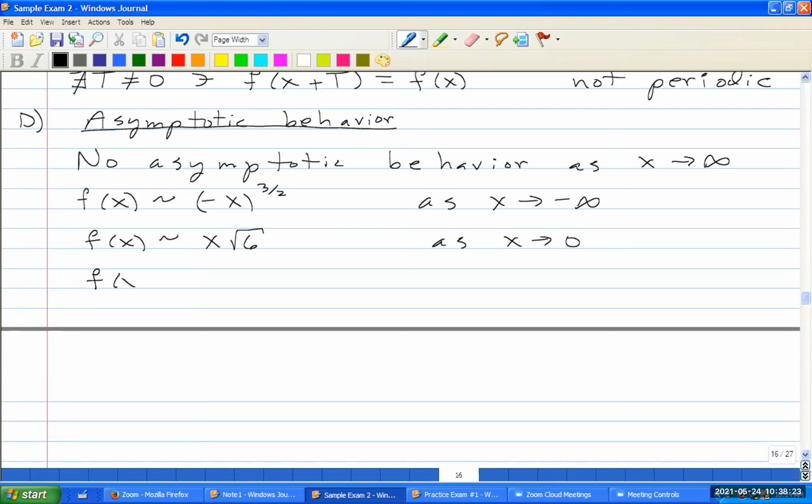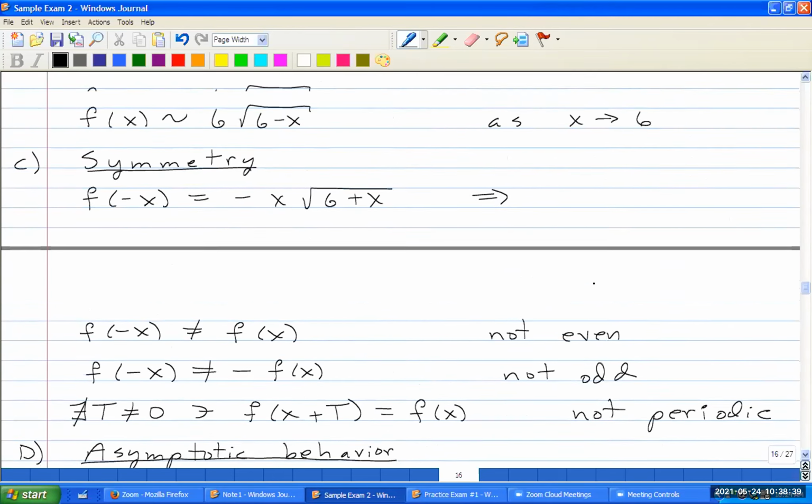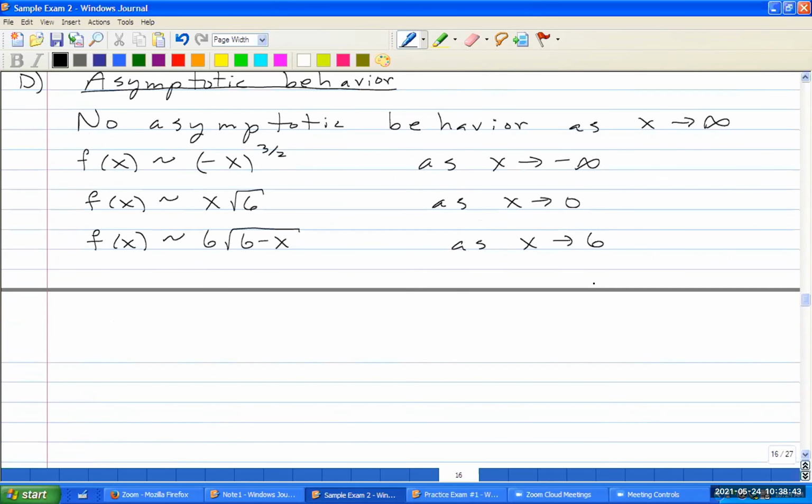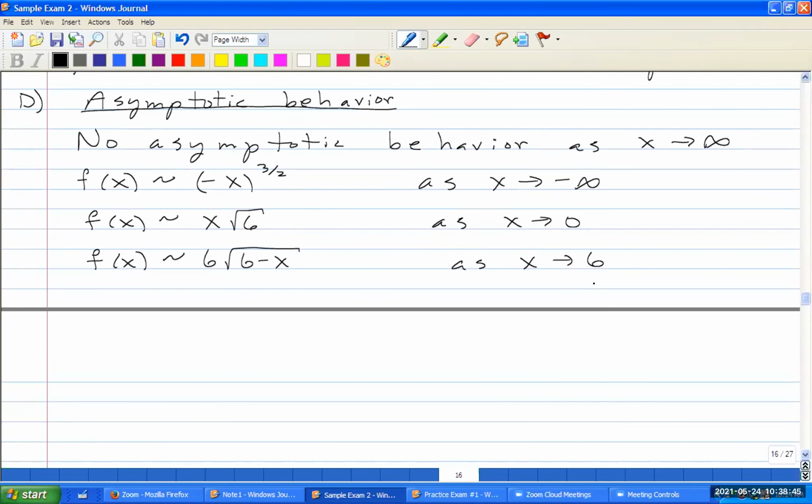And we've also seen that it looks like 6 radical 6 minus x as x approaches 6. Okay, so that's all of its asymptotic behavior.